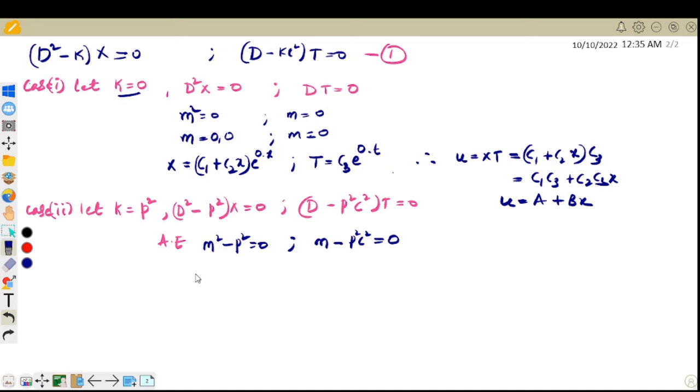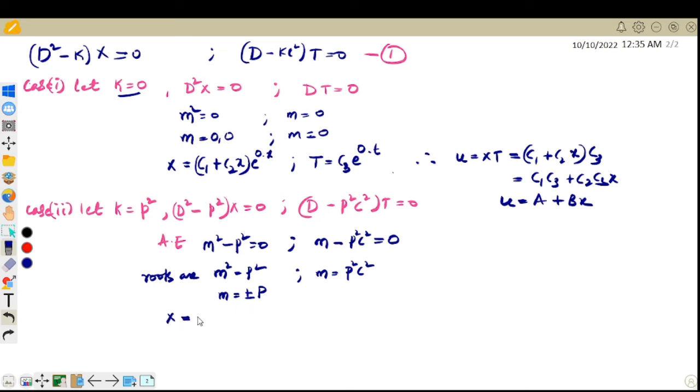Roots are m square equal to p square, or m is equal to plus or minus p. Here you will get m is equal to p square c square. With respect to plus or minus p, what is the complementary function?